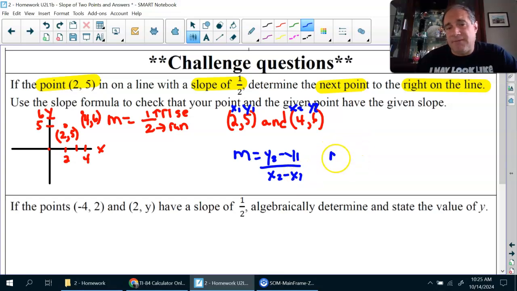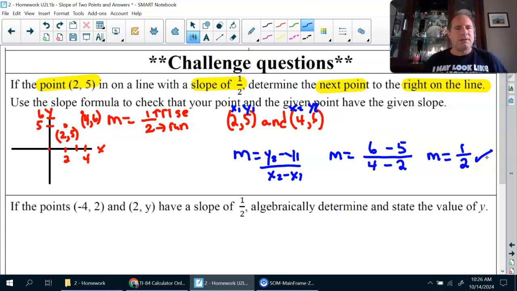And let's see if it comes out to a half. Now, if it doesn't come out to a half, that means I messed up. So y2 is 6, y1 is 5, x2 is 4, and x1 is 2. That is 1 over 2. It is definitely correct. I'm going to put a check mark there. Challenge question. Pretty easy. Sketch it.